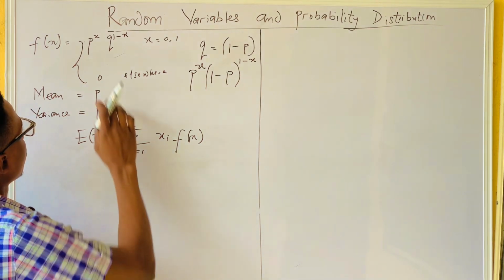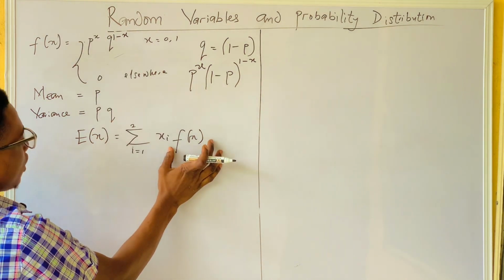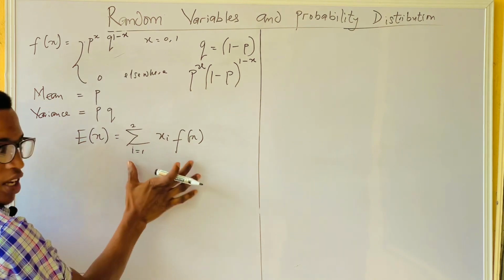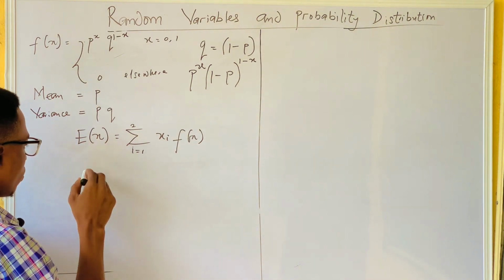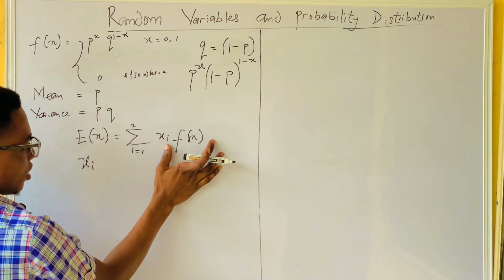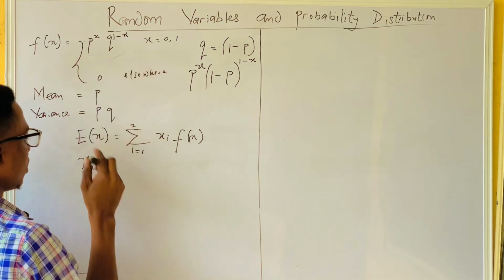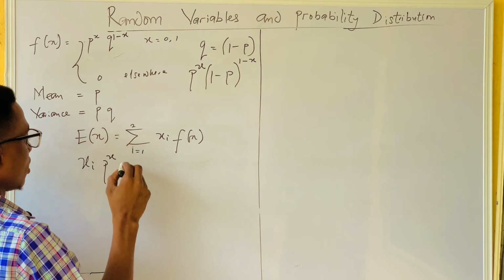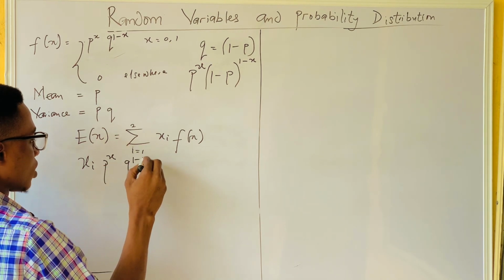We need to substitute the value of our f of x, which is this, into this expression. We have xi, this f of x is the same thing as this, p^x q^(1 minus x).